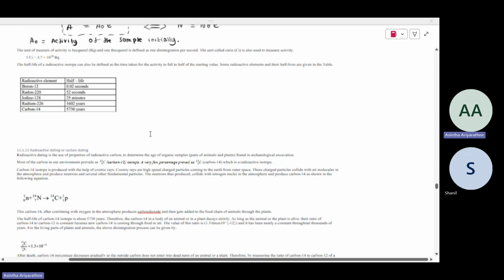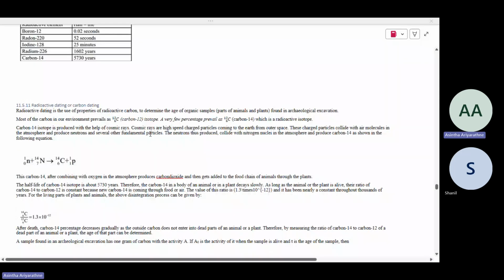It is called carbon dating. That is a method. Normally the age of those bones is approximated using carbon dating. If we consider any living being, inside any living being there are two types of carbon.